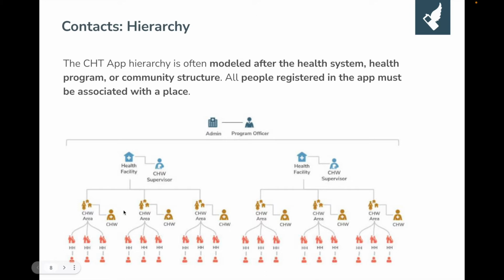In this case, CHW areas belong to a health facility, and at the health facility, there is a CHW supervisor as a primary contact. And overseeing the whole model is the administrative level that has a program officer that would be able to see all the information, all the data, and make decisions based on activities and other indicators that are at the lower levels.